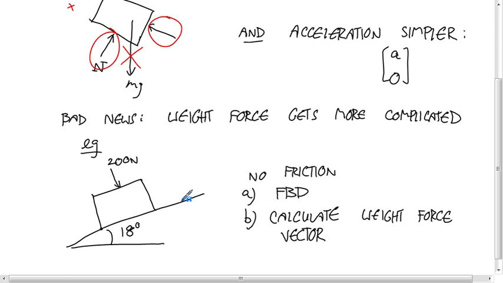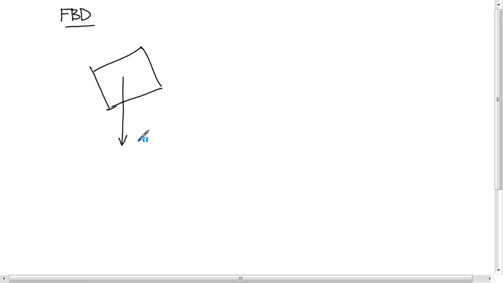Okay, so a free body diagram. There's a weight. We don't know, I guess let's say it's 100 kilograms. So this would be 981 newtons.